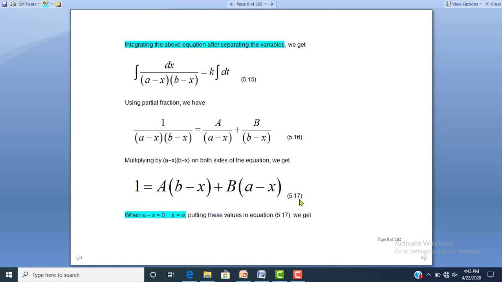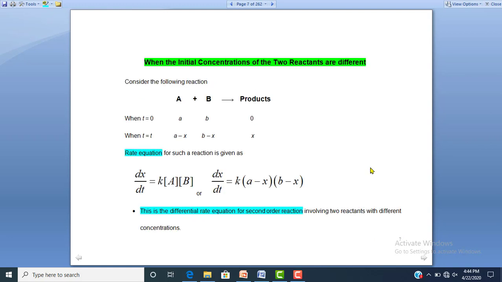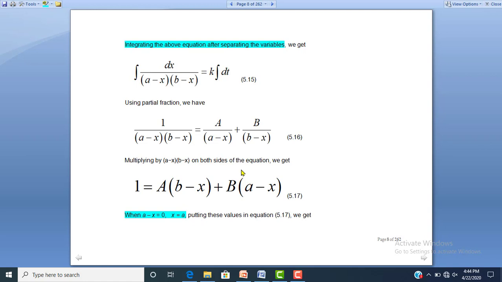According to equation 5.17, 1 is equal to A into (b minus x) plus B into (a minus x). Dear students, you remember when we started this reaction, when time was 0 seconds, then the concentration of product x was also equal to 0 mole. So applying these conditions, when a minus x is equal to 0, x is equal to a.